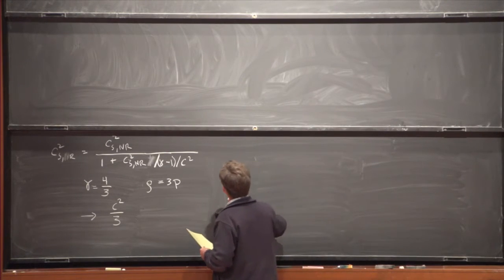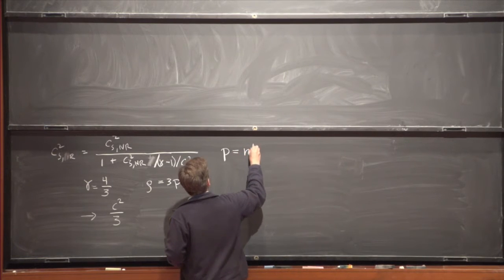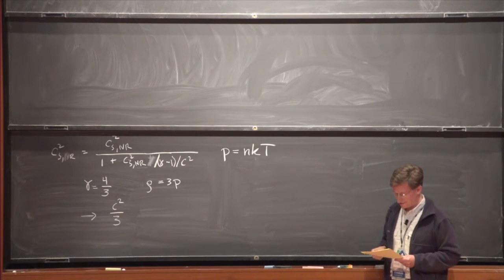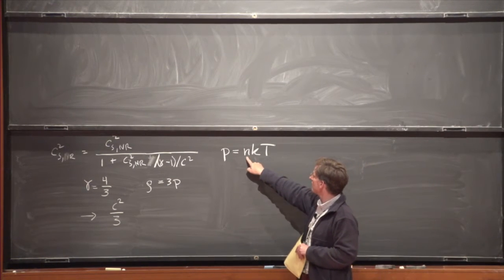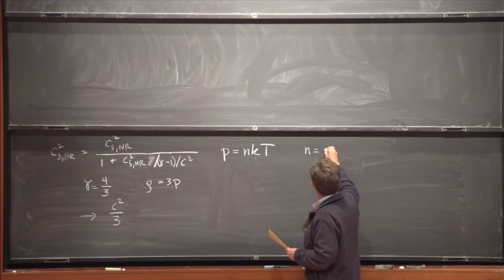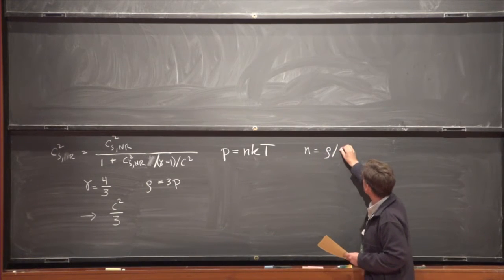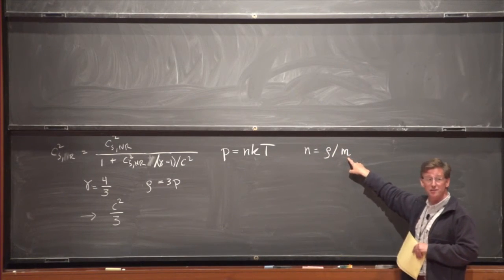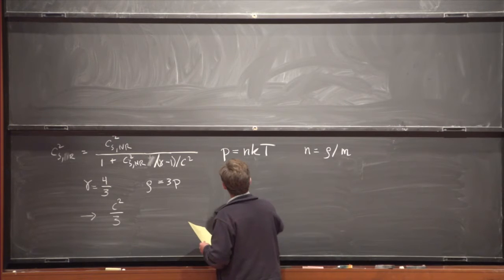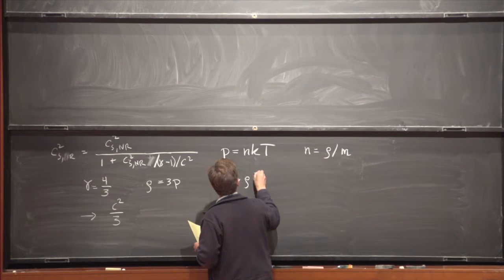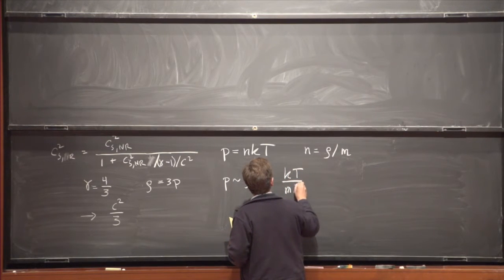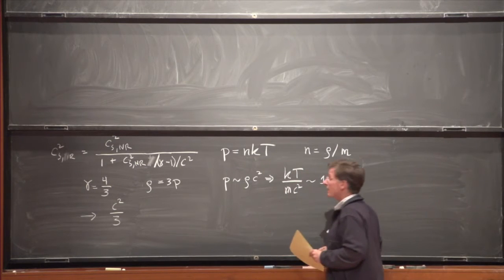And if we assume that we can still use an ideal fluid equation of state, where n is the number density, k is Boltzmann's constant, and T is temperature, and the number density is the rest mass density divided by the rest mass per particle, then P of order rho c squared implies that kT over mc squared is about 1.